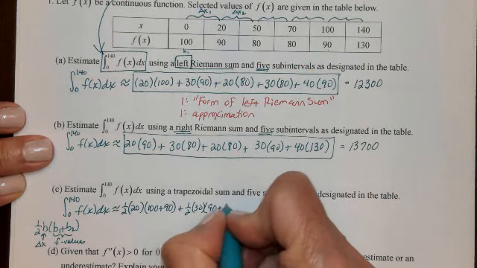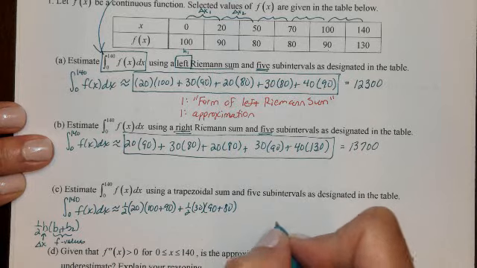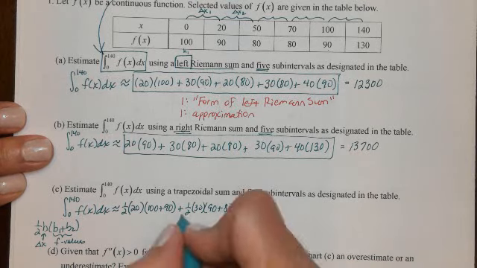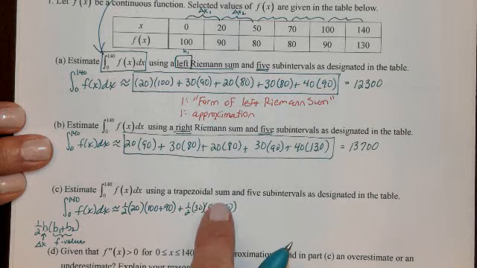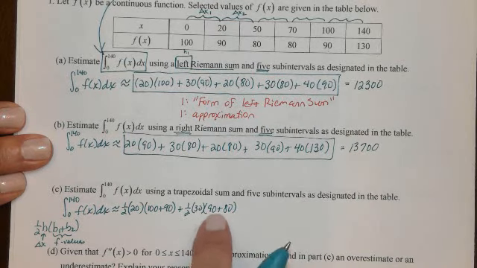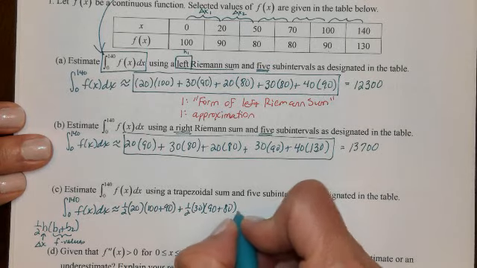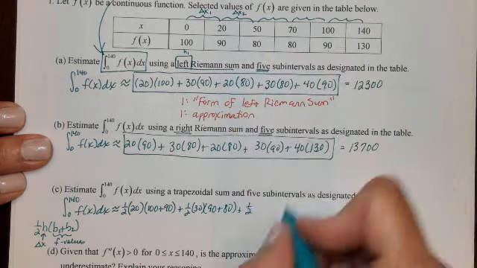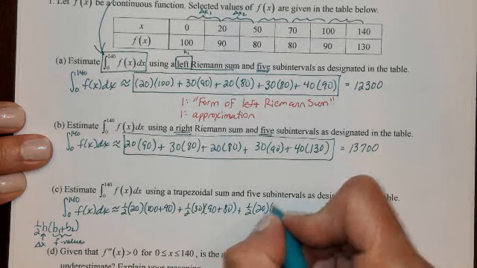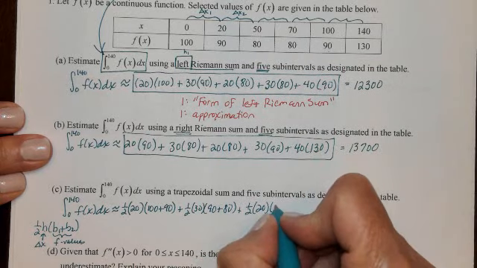And just like I said before, they will need to see the form of the trapezoidal sum, so do not actually add these together and write that here. They've got to see that written out like this. They need to see base 1 plus base 2, so write it out. Next trapezoid, 1/2 20 times 80 plus 80.